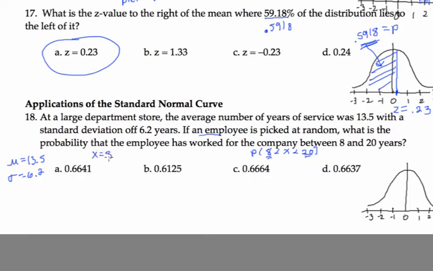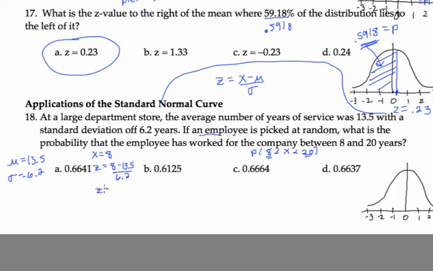So I'm going to start out with x is 8. I need to turn that into a z-score. I do that by using my z-score formula. The z-score is the data value minus the mean over the standard deviation. So that'll be 8 minus 13.5 over 6.2.